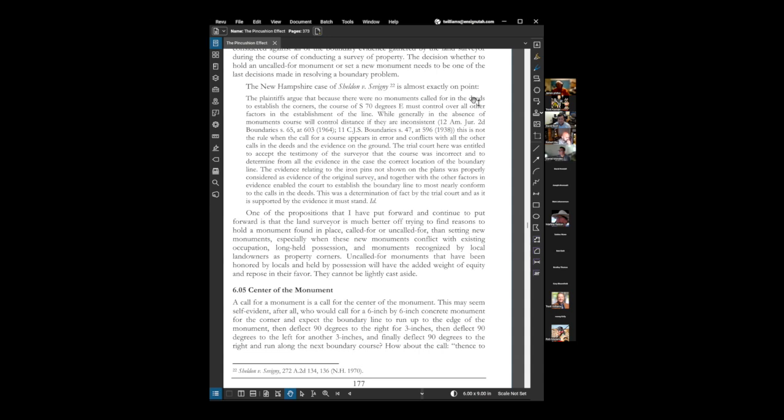So here's an example of where, if the overwhelming amount of evidence shows that a monument might be wrong, you could determine it's wrong, or you could hold a monument despite everything and determine that the map is wrong, which is what happened in this case.